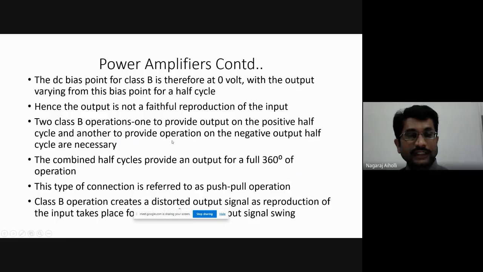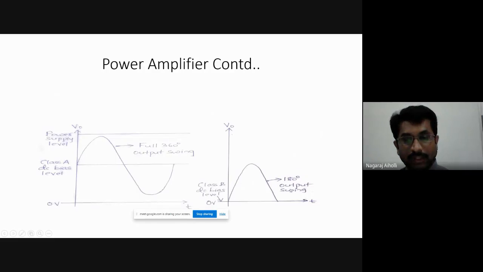So what is done here is, if we want to get one full complete cycle, two such class B power amplifiers are connected, so that the first class B power amplifier provides the first, positive half cycle, and the second class B power amplifier provides the negative half cycle. So both class B amplifiers are used so that they provide one full complete output cycle.